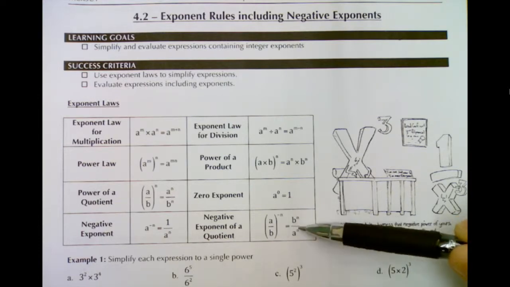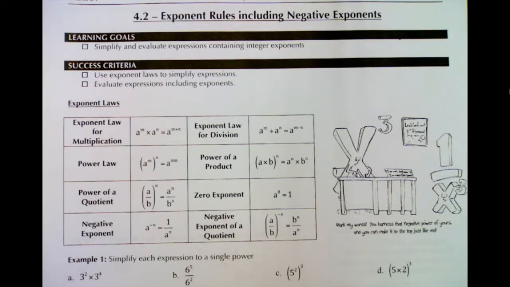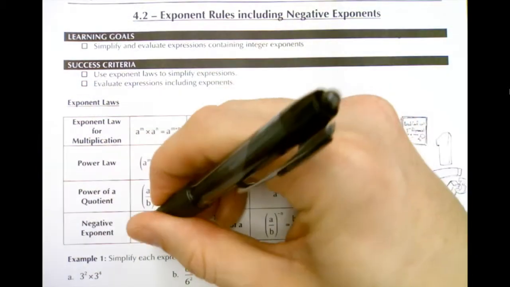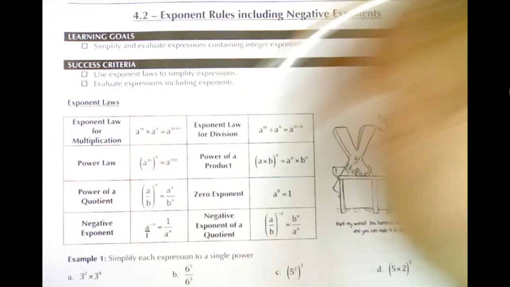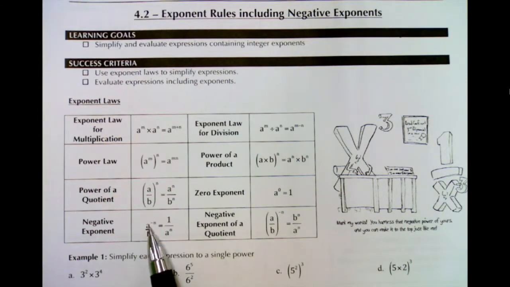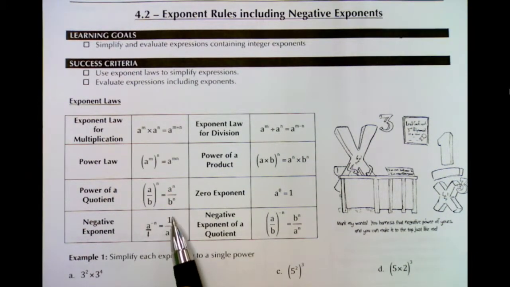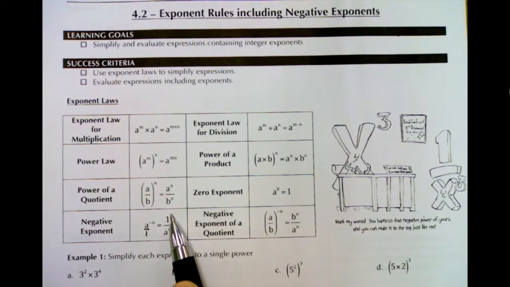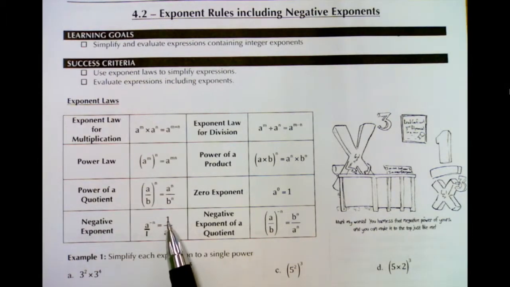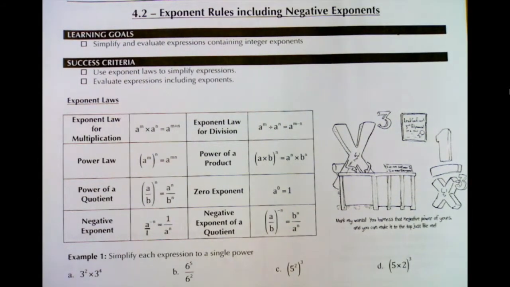Finally, if you have a quotient and it's raised to a negative exponent, you would flip the base, and both bases get the exponent. It's basically the exact same as the negative exponent rule, because in this case, the base would be a over 1, so we flipped it, made it 1 over a, and both would get the exponent. 1 would get an n and a would get an n, but 1 raised to any exponent is still 1. So that's why it just looks like 1 over a to the exponent n.